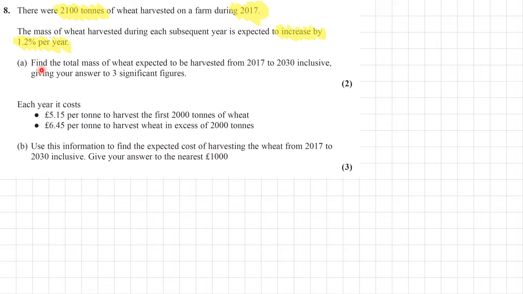Part A. Find the total mass of wheat expected to be harvested from 2017 to 2030 inclusive. So you include those years. Giving your answer to 3 significant figures.